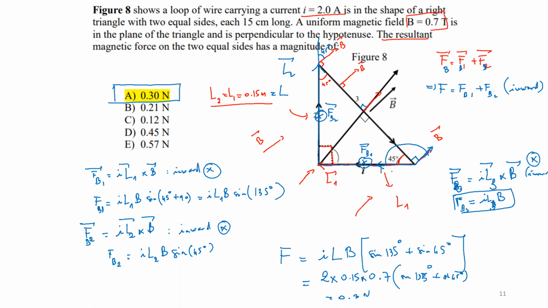Okay. Now, let me ask you a question. What is the torque acting on this loop? So as you know, torque is magnetic moment cross B. Now, what is the magnetic dipole moment? What will be the direction first?